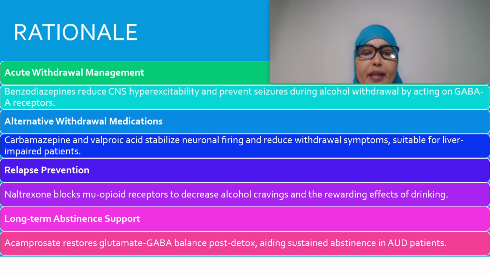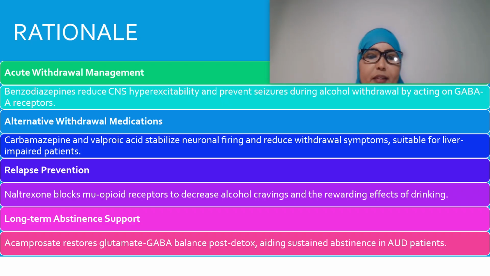Alternative withdrawal medications include carbamazepine and valproic acid. They stabilize the neuronal firing and reduce withdrawal symptoms. They are suitable for patients with liver impairment.